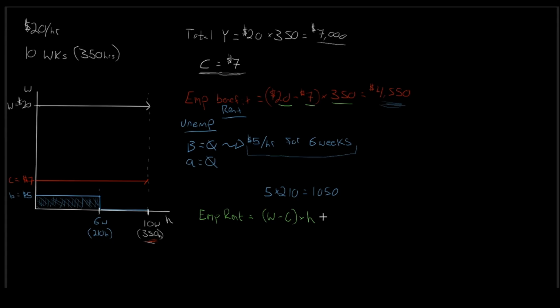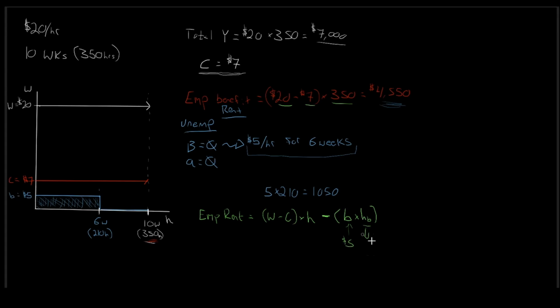We then want to subtract off from that our unemployment benefit times the hours of benefit that we end up getting. In this case, that was our benefit of $5 an hour.